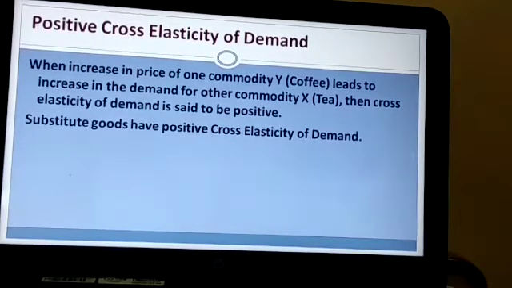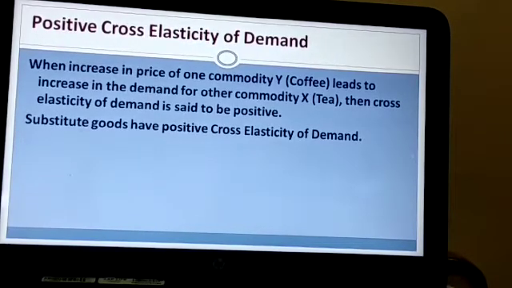What do you mean by this? Suppose the price of coffee rises, and due to this, people will shift their consumption from coffee to tea. So the demand for tea will increase.